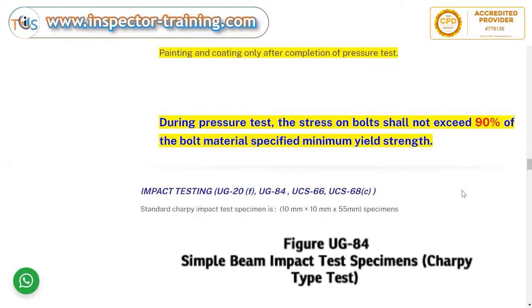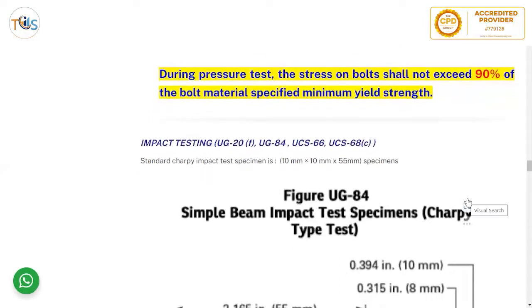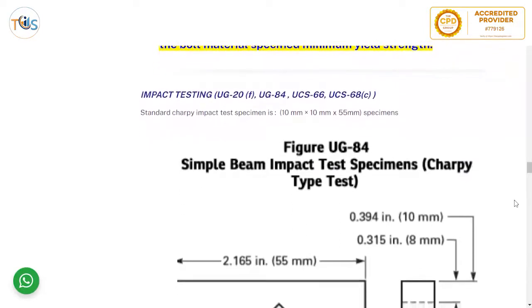During the pressure test, stress on bolts should not exceed 90% of the bolt material yield strength, just to be safe. This makes sense, because if it passes the yield strength, for example when blinding some nozzles, it goes into plastic deformation, which is irreversible and practically destroys the bolt, and it might break later on or behave differently.